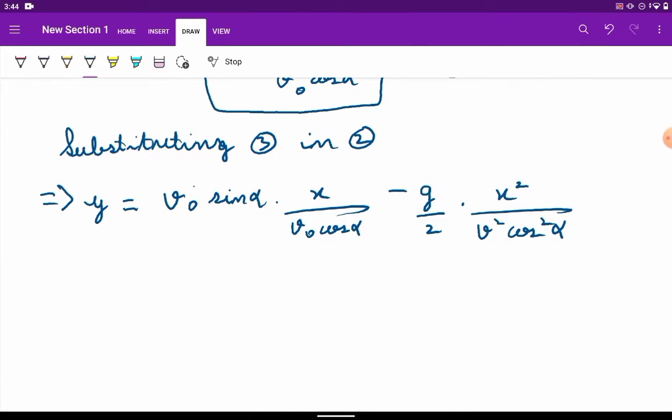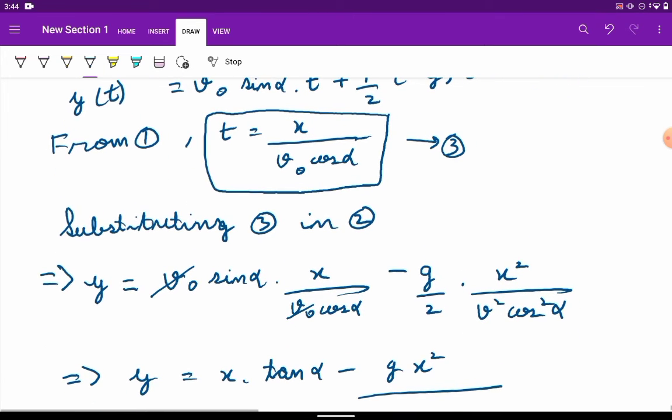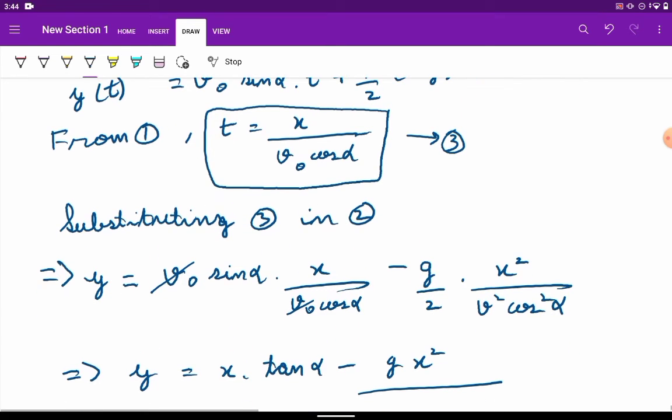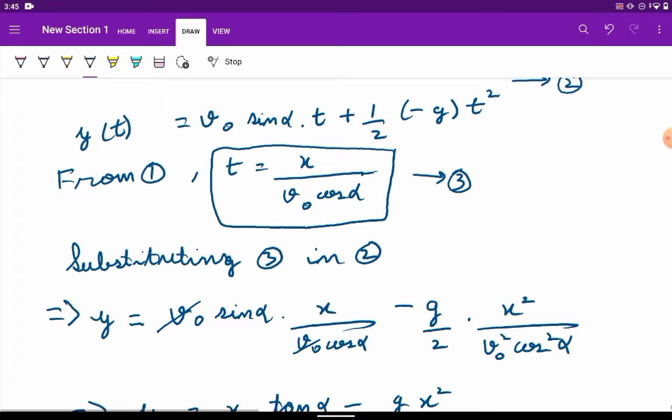So v naught cancels out, so we have got y is equal to x times tan alpha minus g x square by 2 v naught square cos square alpha.